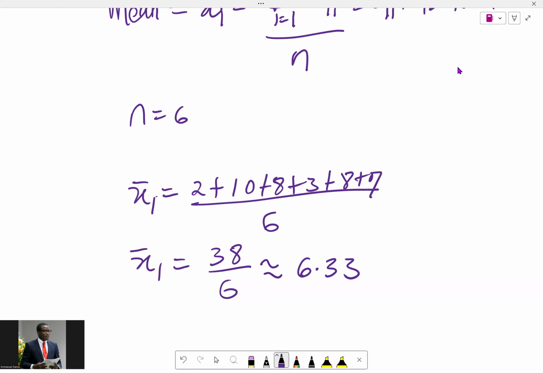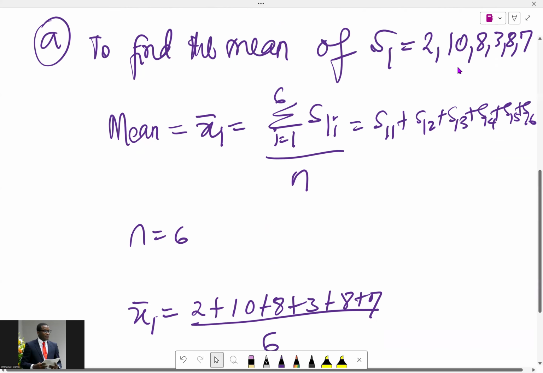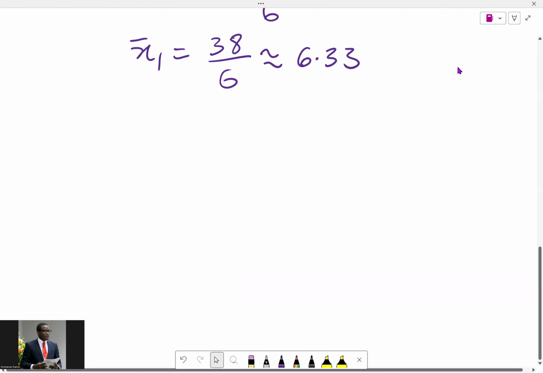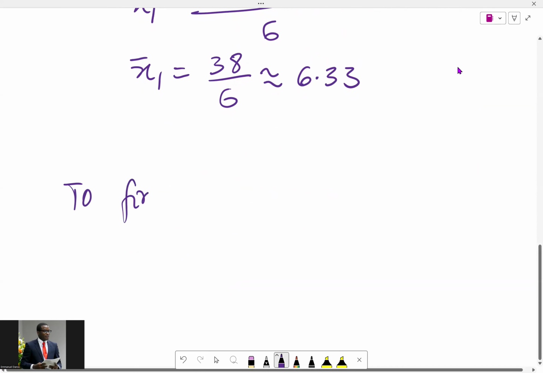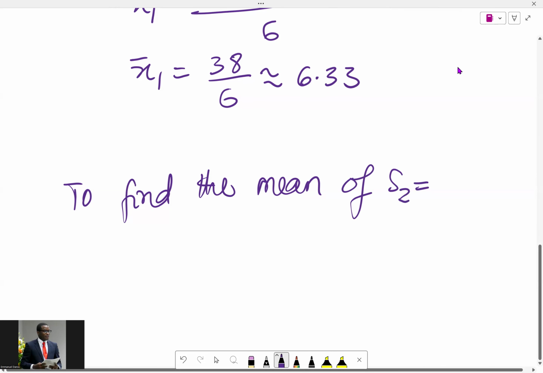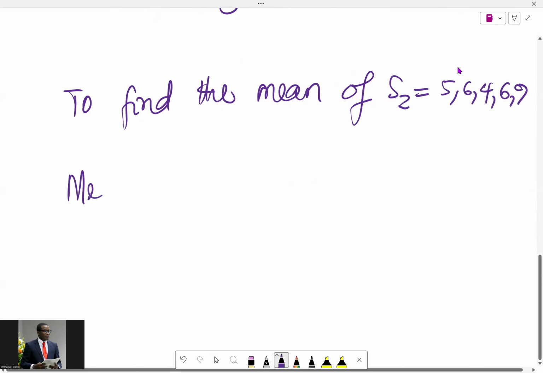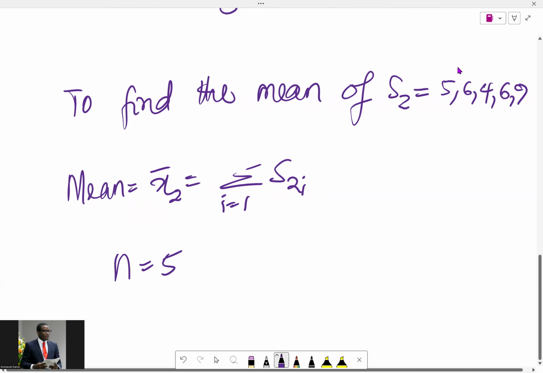Then the next thing is to find the mean of S2. S2 is simply 5, 6, 4, 6, 9. We want to find the mean of that. Again, the mean in this case would be X2 bar, which is the summation of S2i from i equals 1 to 5, because we have 5 numbers there.